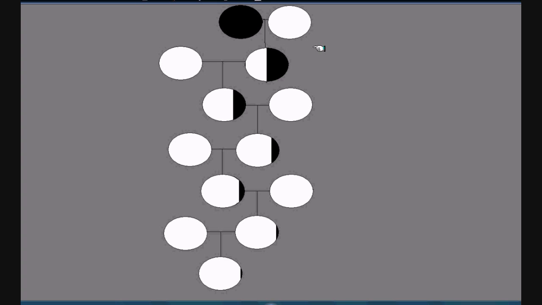Okay, this is the first slide, and it's a simple graphical representation of how black and white interracial relations produce various kinds of offspring.